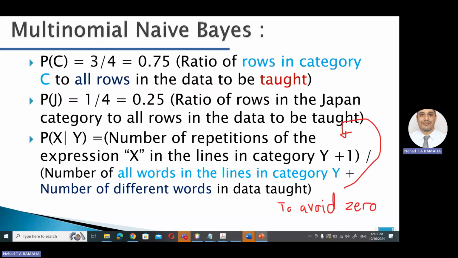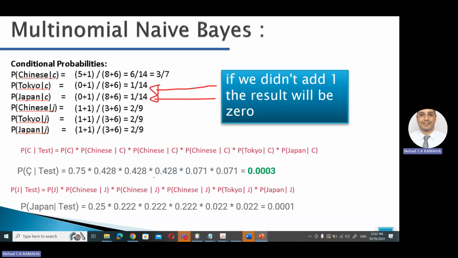I will stop here because I want to show you the effect of adding 1. Okay, here we have to add 1 to avoid 0 because we have multiplication in the probability. If you did not add 1, for example here, you will have 0 probability.